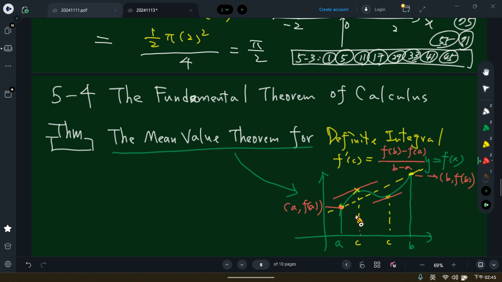But this time we are talking about the definite integral, so that is different from the previous one.